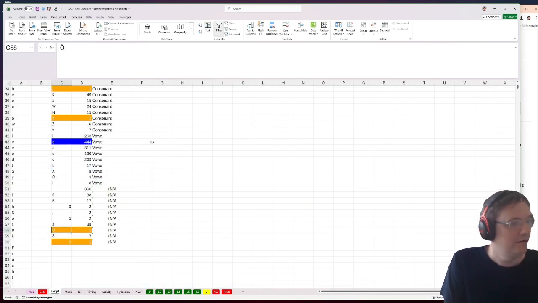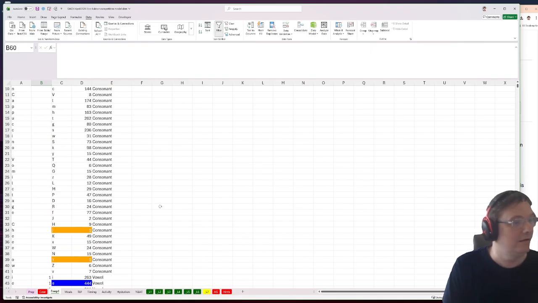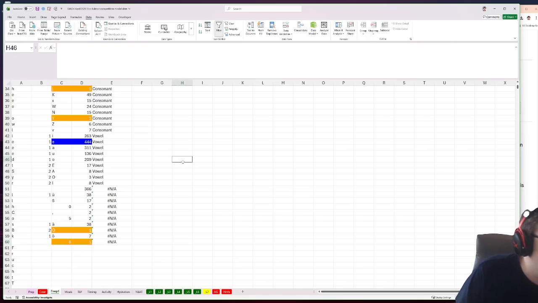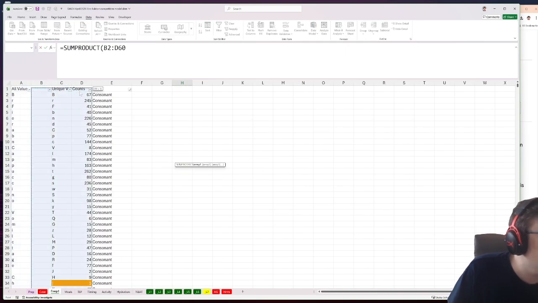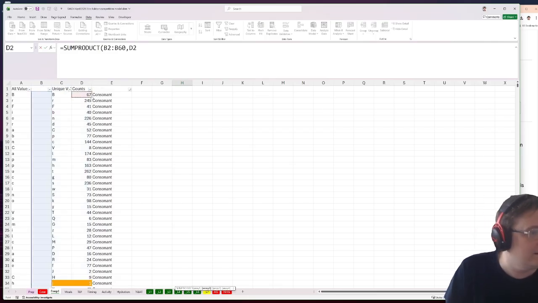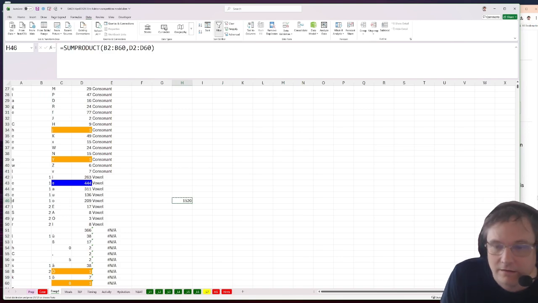So these are lowercase vowels. These are uppercase vowels. I guess that is a lowercase vowel. That is a lowercase vowel, uppercase vowel, lowercase vowel. And the rest of these are just regular Latin letters. So some product of that and this is 1520.